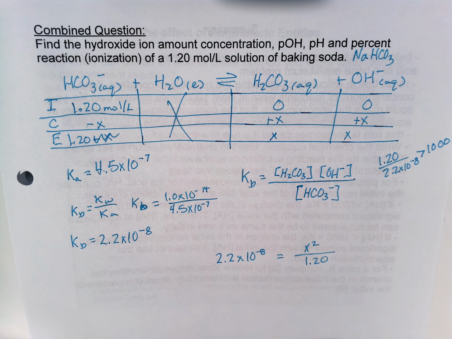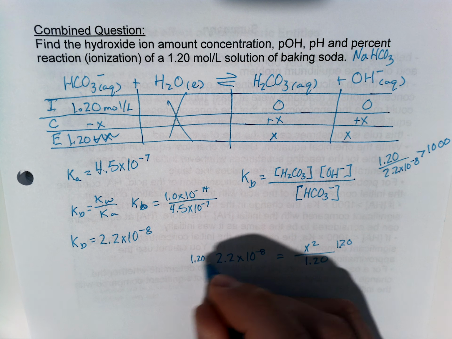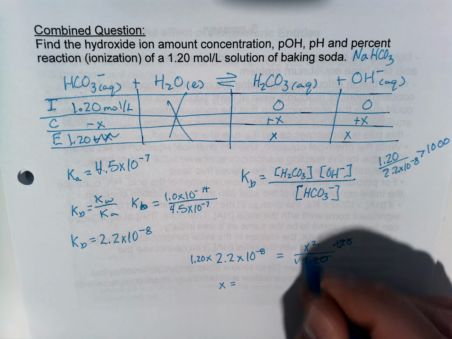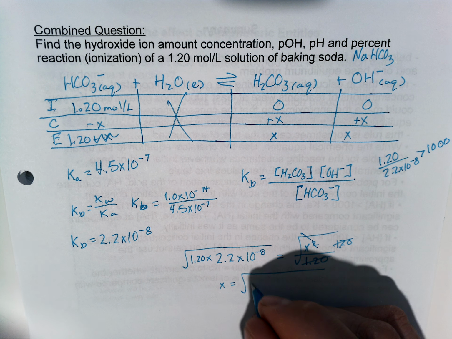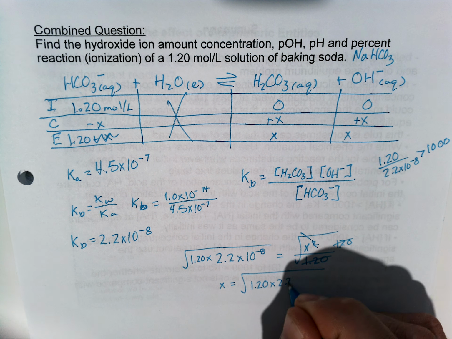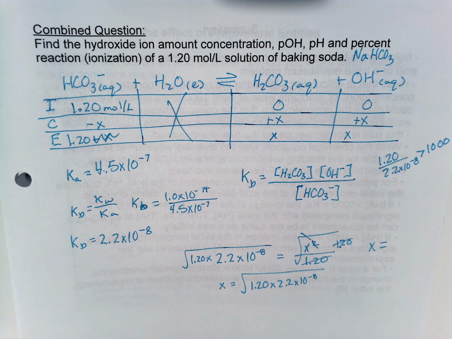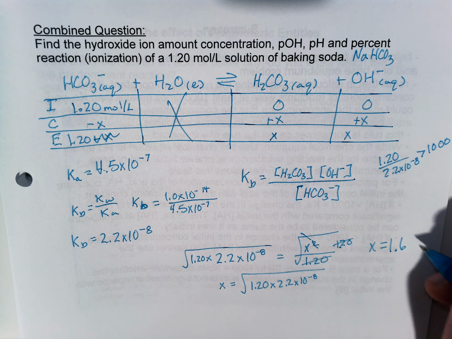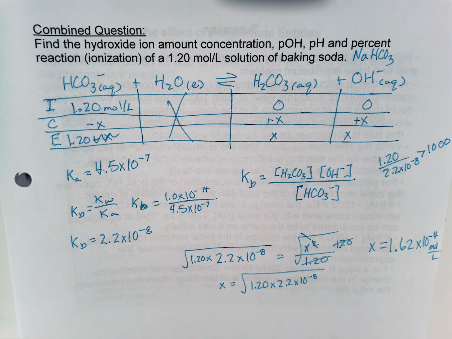Okay, so now we can solve for X. So we'll multiply both sides by 1.20. That cancels with that. So we got X is equal to, and we want to square root both sides to get rid of the squared. So X is equal to the square root of 1.20 times 2.2 times 10 to the minus 8. Okay, so X is equal to 1.62 times 10 to the minus 4 moles per liter.